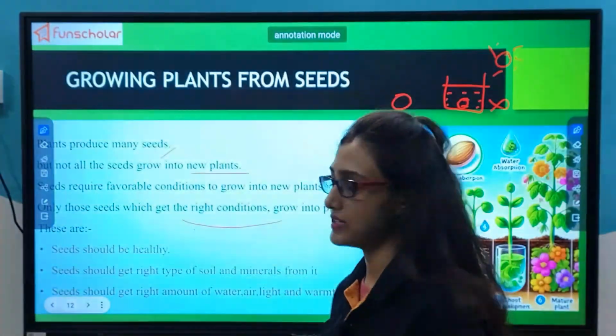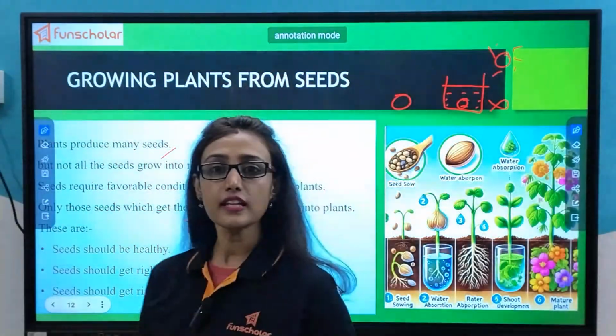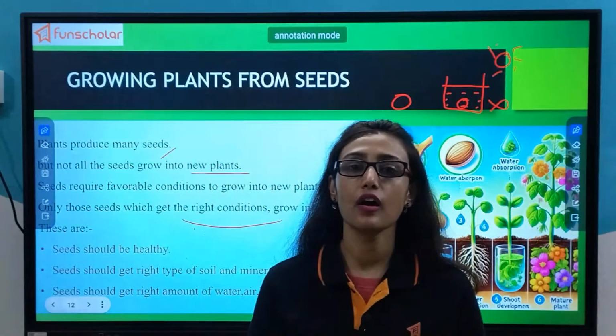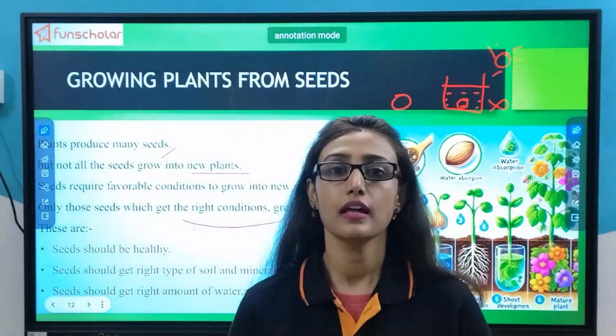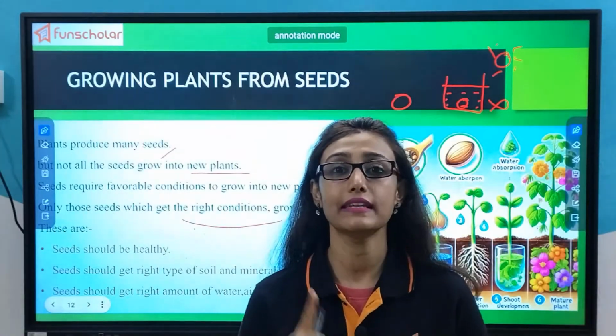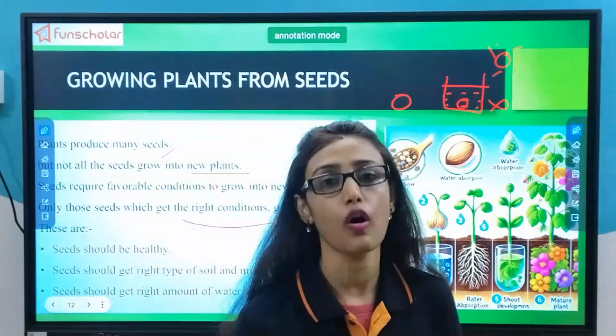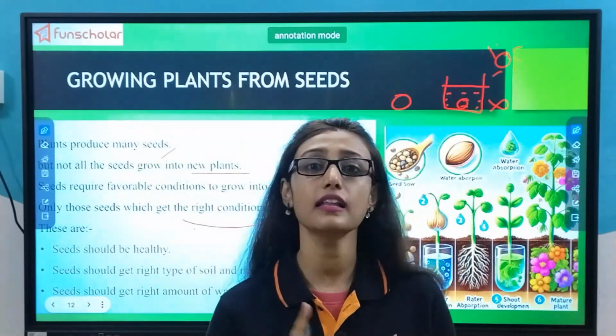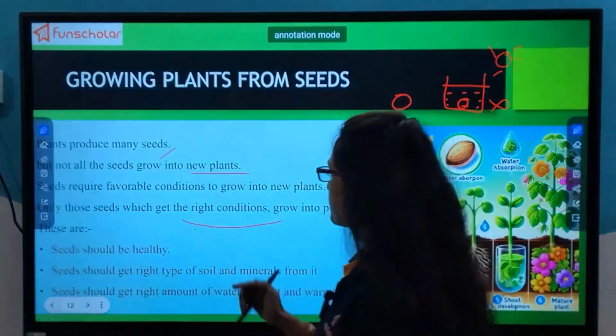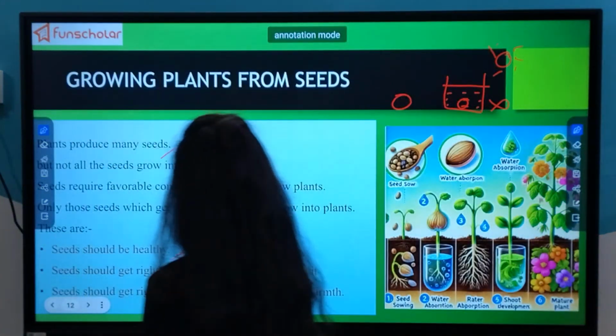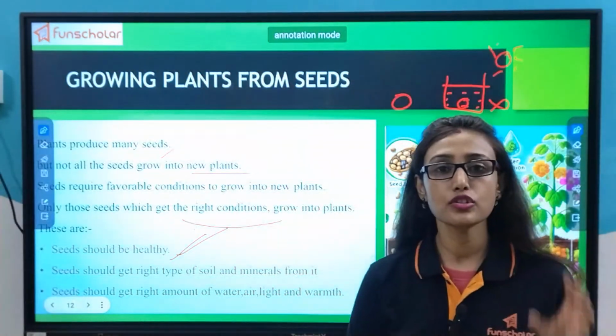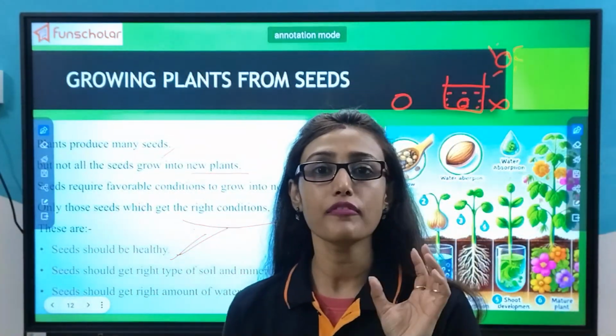So what are the conditions? Firstly, the seed should be healthy. What does healthy mean here? The seed should not be damaged by any insects or by any external injury. Second, the seed should get the right amount of soil.